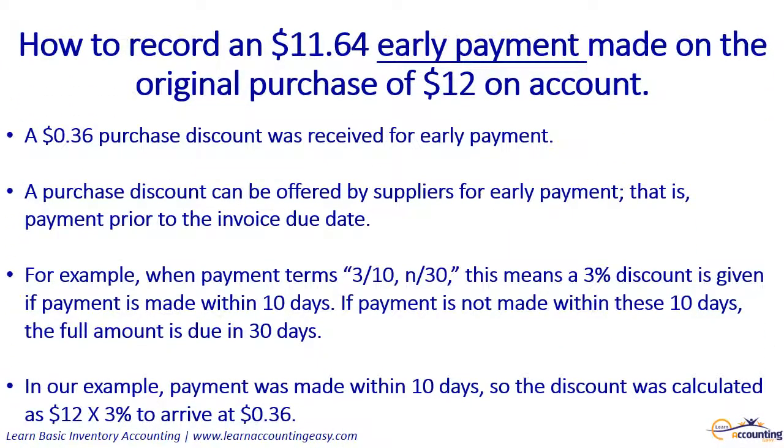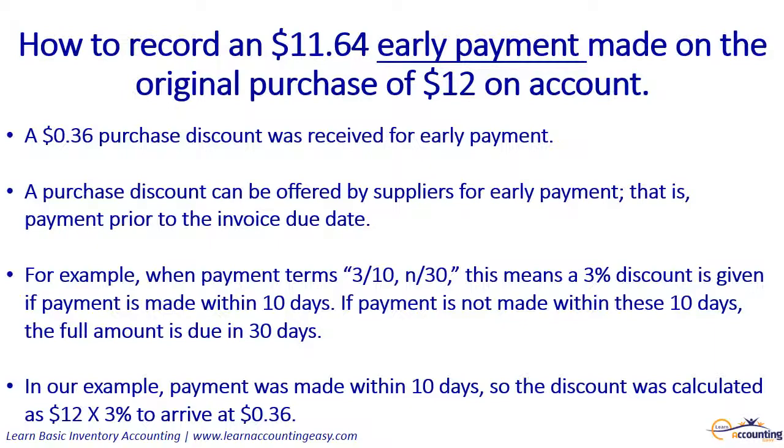Now, what we're concerned with here is how do we account for an early payment on an invoice? So what's happening is originally a purchase was made for inventory items on account, meaning no cash was exchanged at that time, and the supplier sent us a bill.